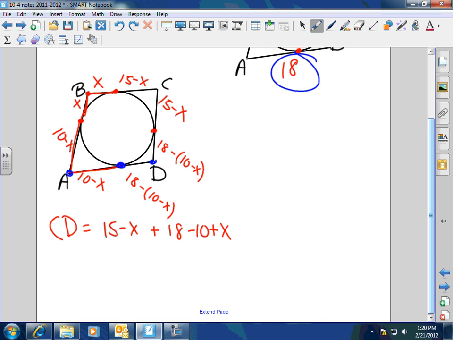Does that not work out for you? Don't the X's cancel? 15 plus 18 is 33, minus 10 is 23. Does that make sense? Are you sure? Okay. Awesome.